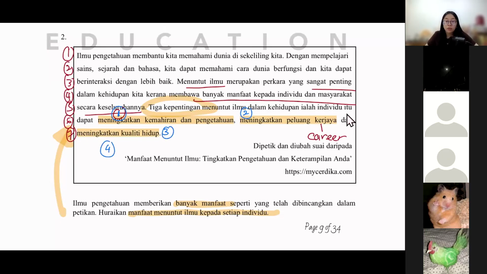Now, what is number 4? What else is the benefits if you obtain knowledge? Apakah kebaikan yang lain jika anda menuntut ilmu? If you obtain knowledge, what are the good things? What is the advantage?